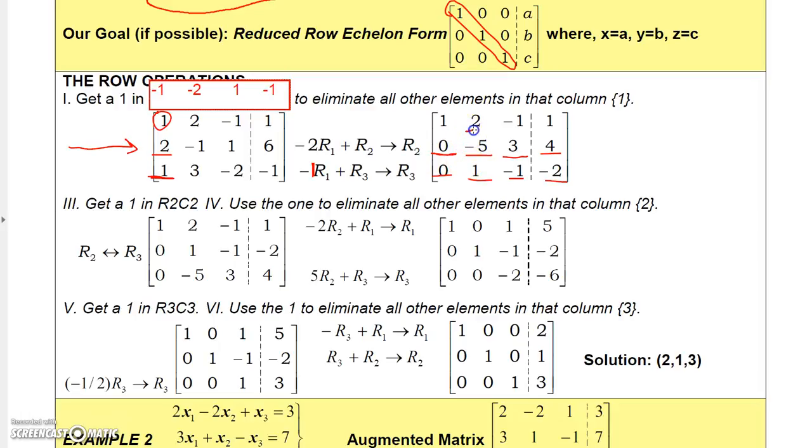Now, I want to look at the leading coefficient in row 2, and I need this to be a 1. So I could multiply row 2 by the reciprocal of negative 5, but if I take a peek below row 2, I see there's a 1 there.